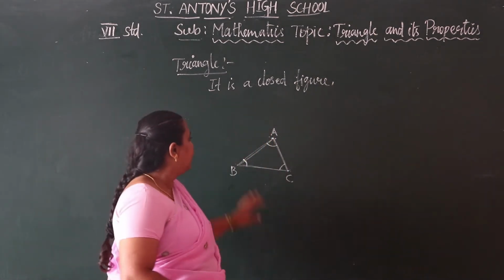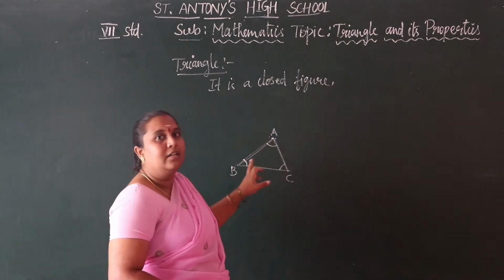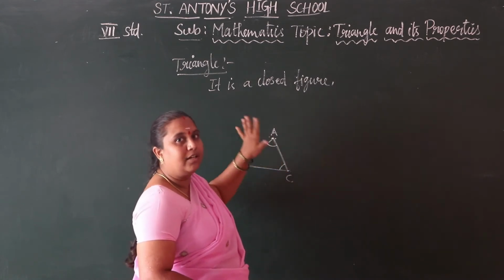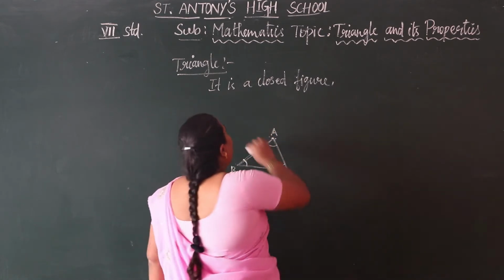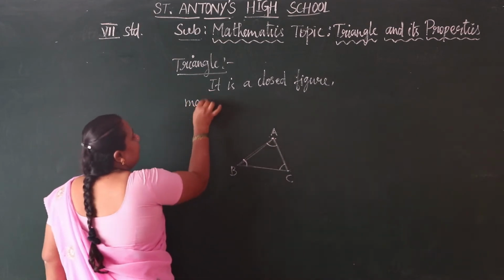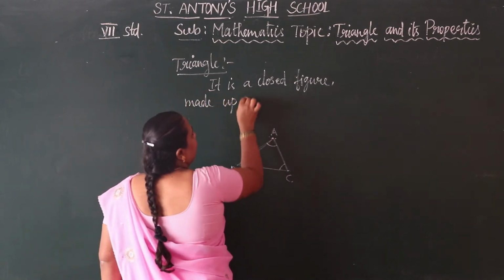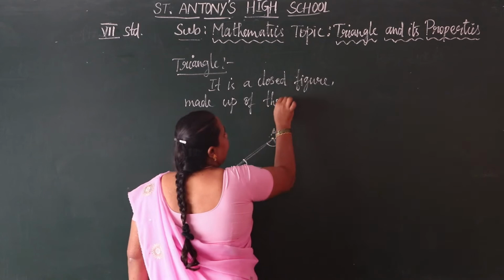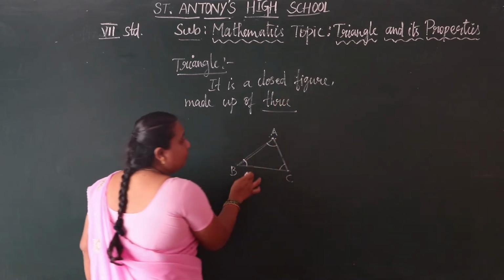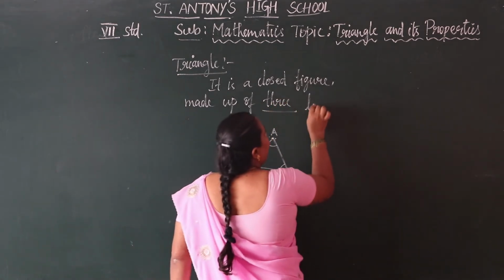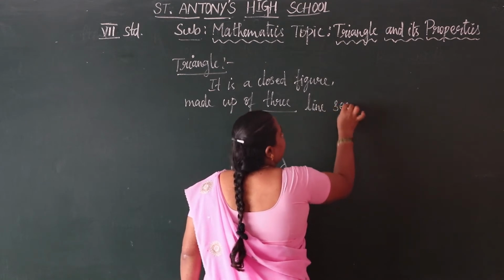This is point 1. And it is made up of three line segments. How many line segments here? 1, 2, and 3. So three line segments.